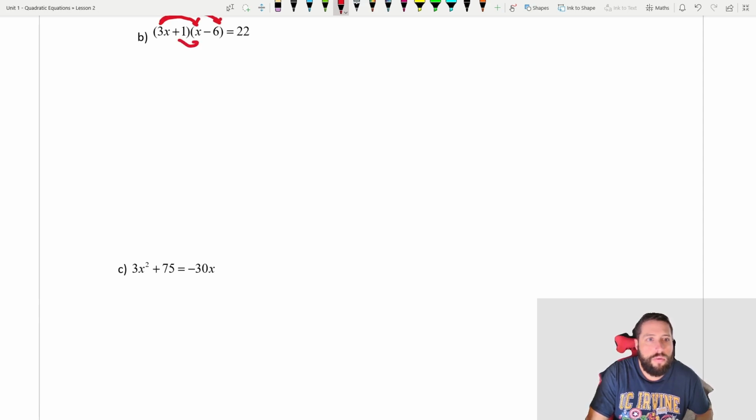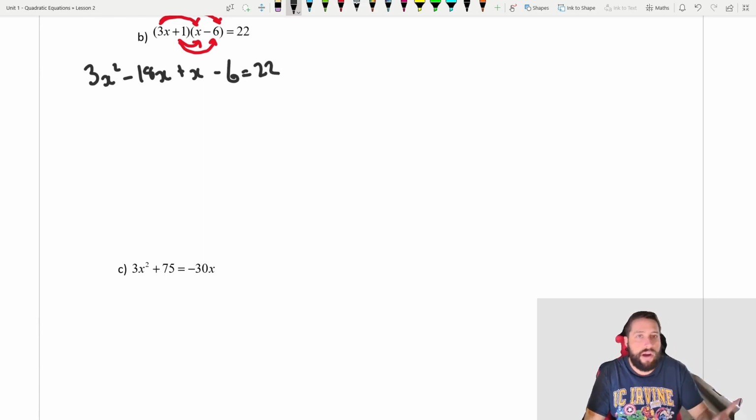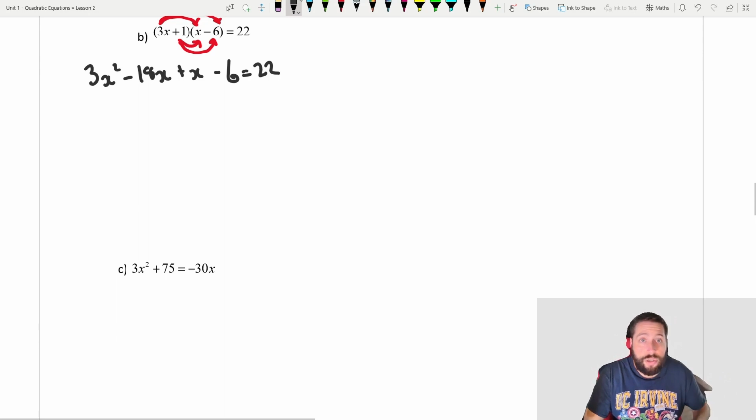That means we should get 3x squared minus 18x plus x minus 6 is equal to 22. We'll combine like terms, and we can move the 22 over at the same time.